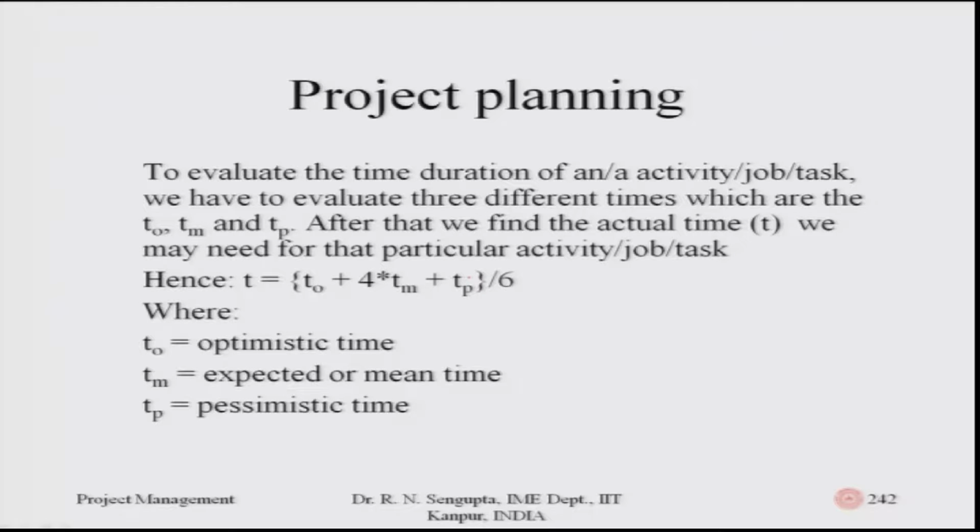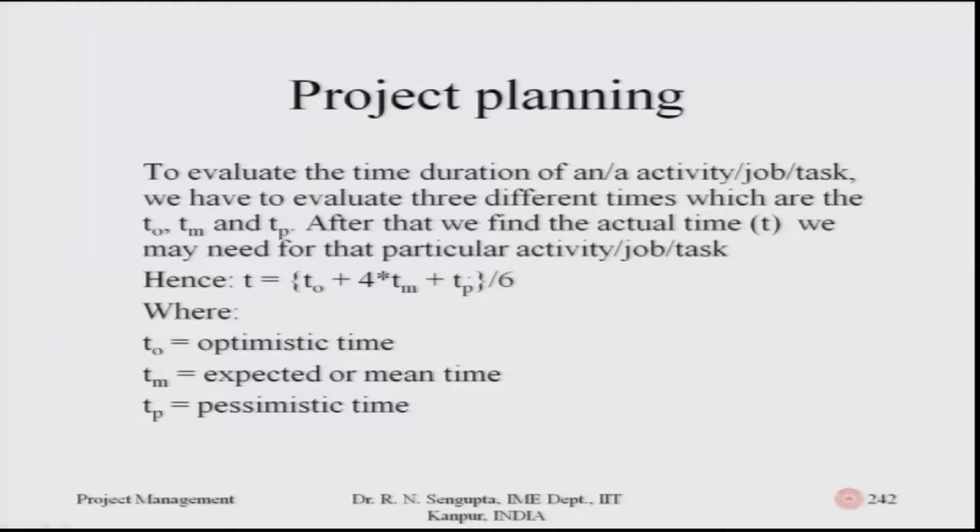Hence, if I need to find out the actual time required to finish the job, considering the distribution is beta, the average is found out, and based on that average we will do the calculations, not the TM part. It is given by T equals T O plus 4 into TM plus TP, divided by 6.